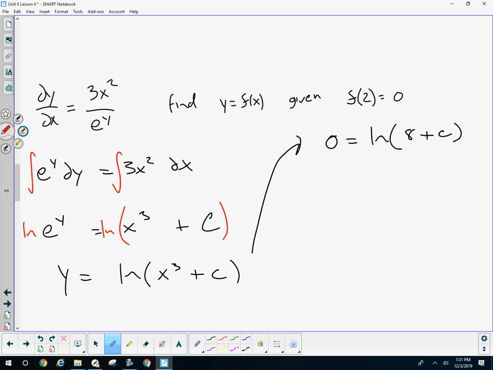You got to do e to the power to get rid of the ln. E to the 0 is 1 equals 8 plus c. c equals negative 7. My solution is y equals log of x cubed minus 7.